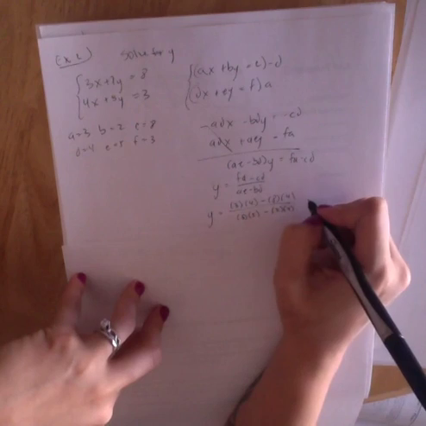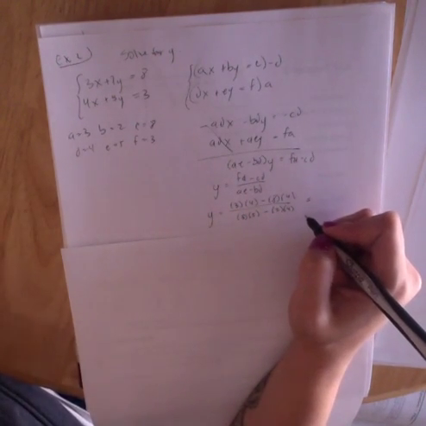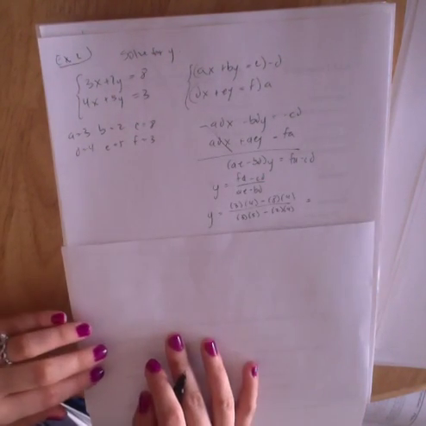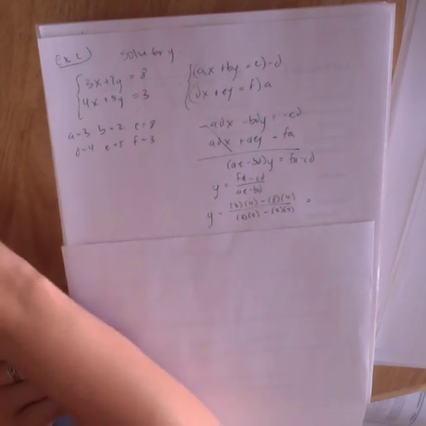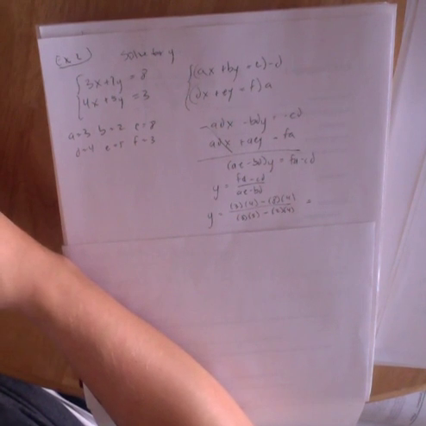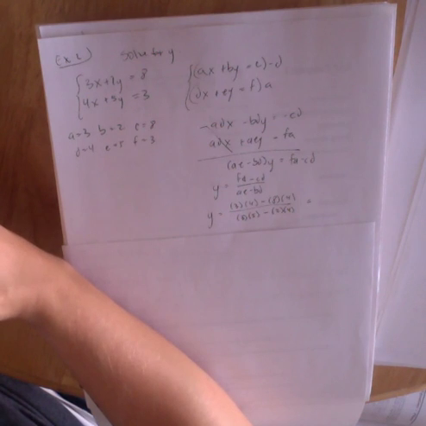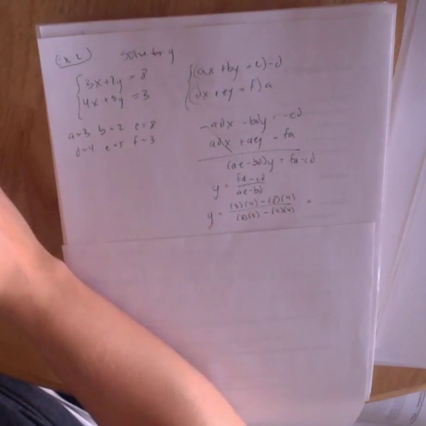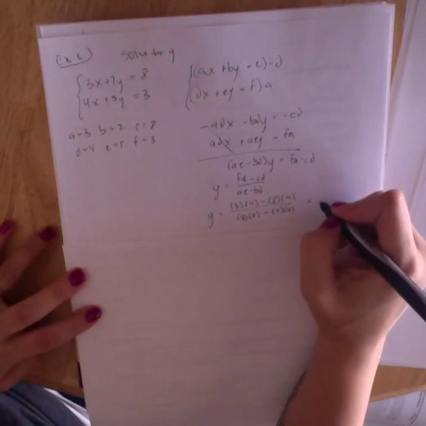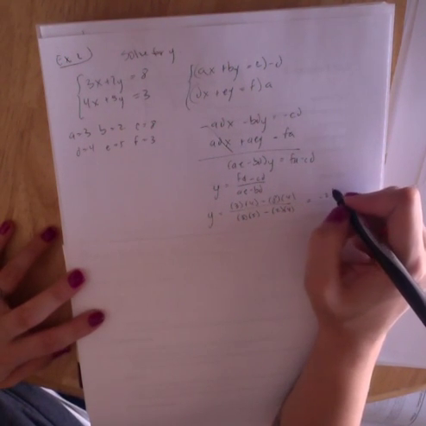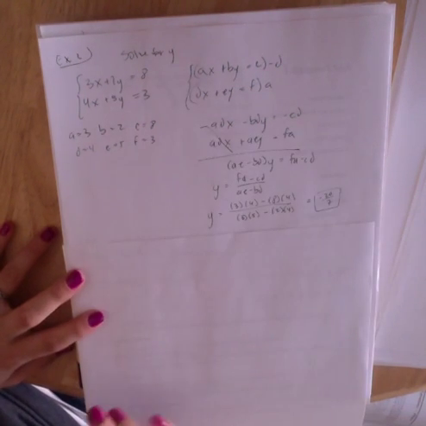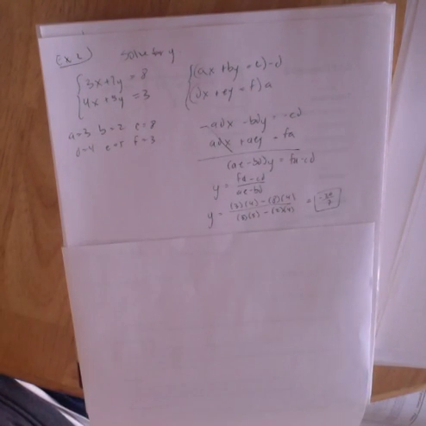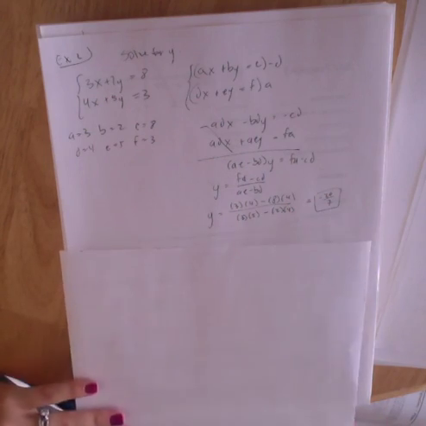Substituting these in ends up giving me y equals negative 20 over 7. So, abstract coefficients, you need to know how to use them.